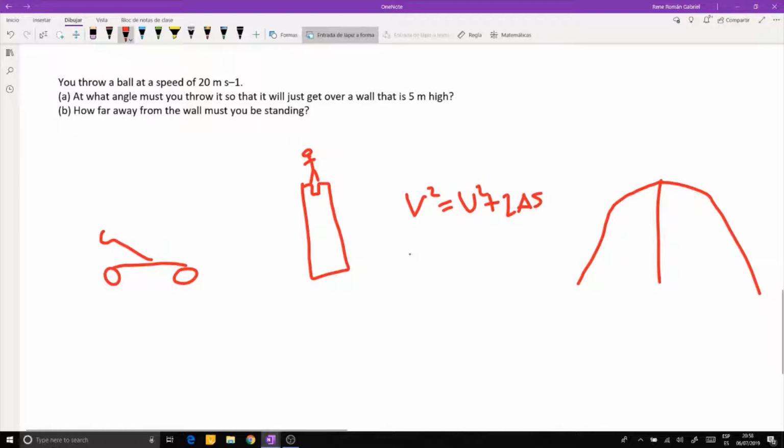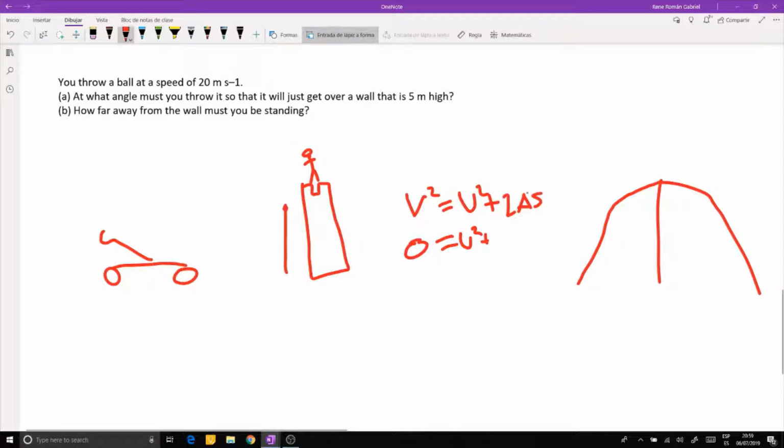0. And actually, here we're not using 20 as initial velocity, because what we're going to figure out is our initial velocity, because we want to see how much velocity we need to get high enough, just high enough to get to 5 meters. So we don't know the vertical velocity, not the angular velocity. So v squared is 0, u squared is our unknown, so this would equal u squared plus 2as.